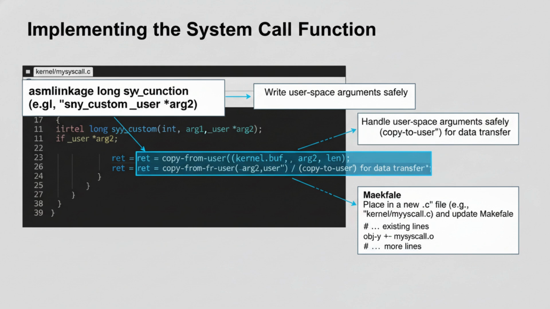You must never dereference user space pointers directly without proper validation using functions like copy_from_user or copy_to_user to prevent security vulnerabilities. Your function will live in a new .c file, for example, kernel/mysyscall.c, and needs to be added to the kernel's build system makefile. This is where the core logic of your custom functionality resides.